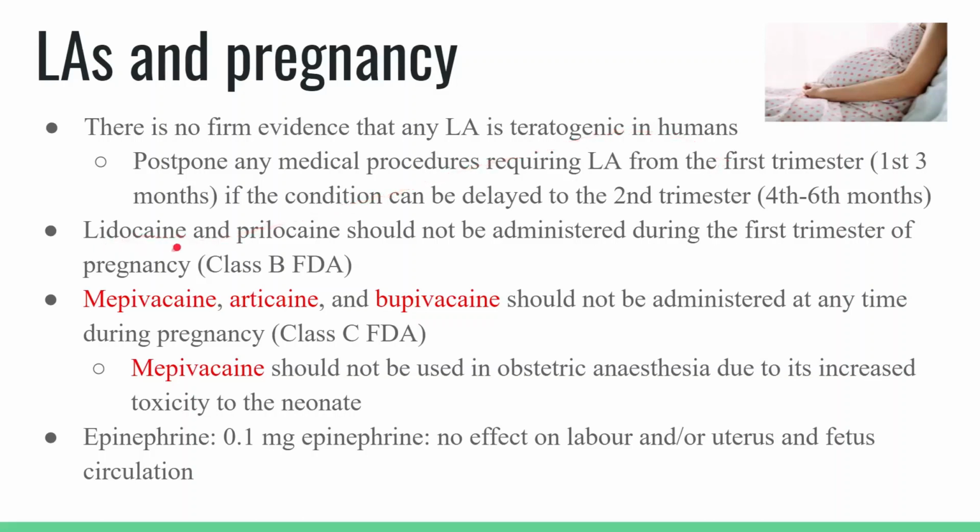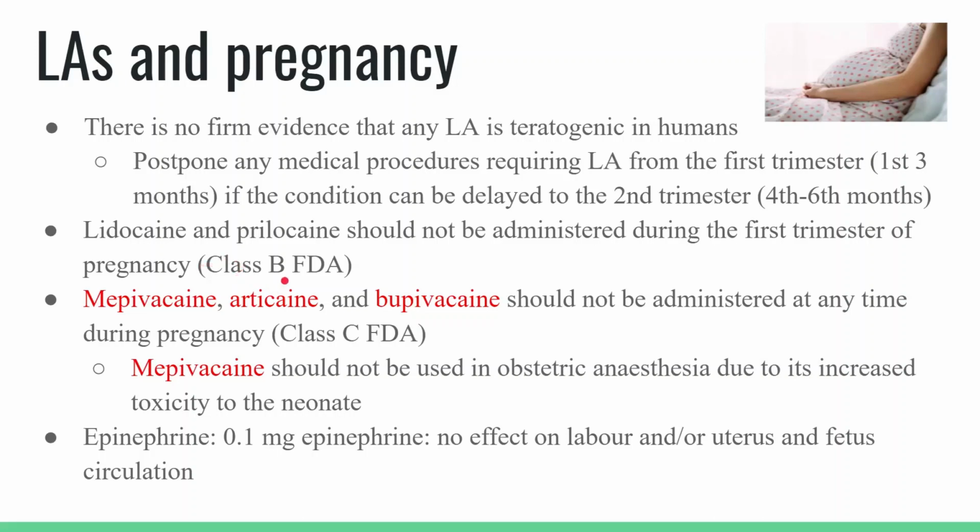Now, lidocaine and prilocaine are classified as Class B FDA medications. This means that they should not be administered during the first trimester of pregnancy, but they can be administered in the second trimester. Okay?